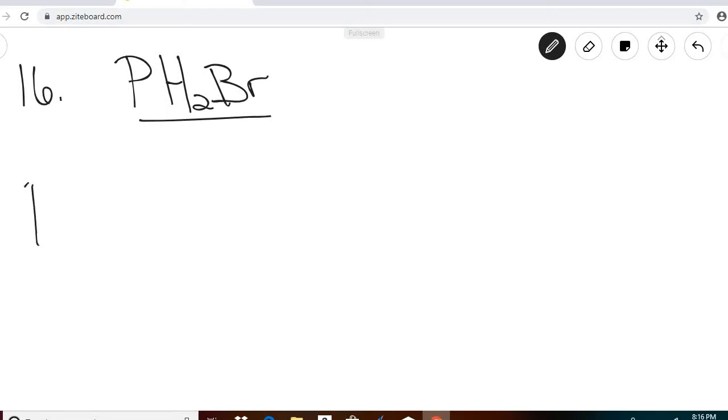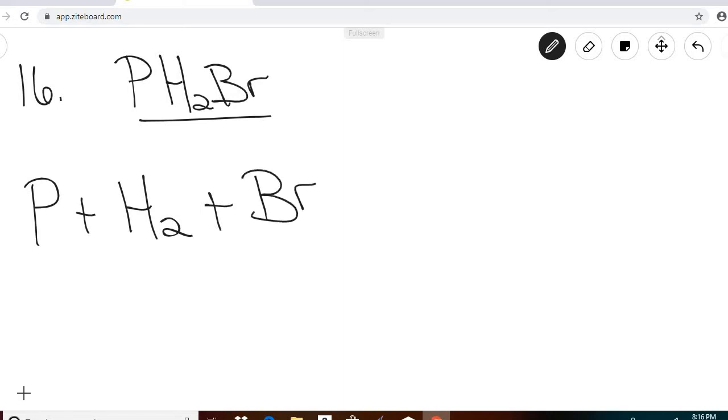So it's going to be P plus H, and hydrogen is a homonuclear diatomic, and then plus the bromine, and bromine also is a homonuclear diatomic, and our product will be PH2Br.